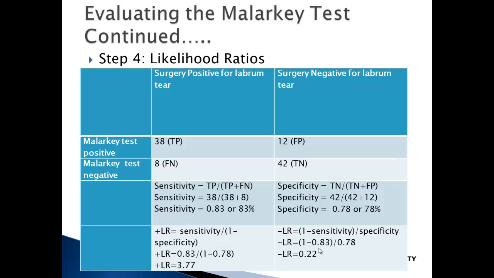So we want to have false negatives 0% of the time. We want to have true positives 100% of the time. So when a likelihood ratio is calculated, the closer the value is to 1, the less of a shift there was in the probability that the condition is or is not present.